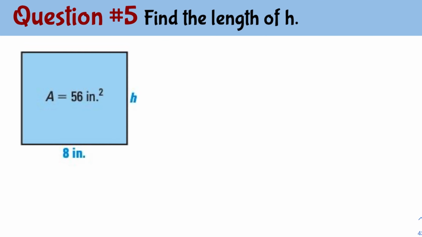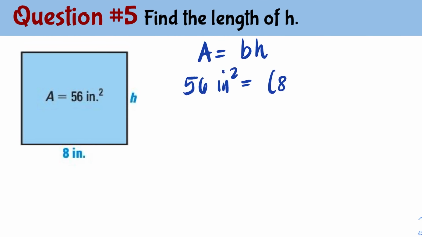Question number 5. Find the length of h given that the area is 56 inches squared and the base is 8 inches. So using the formula area is equal to base times height, we can substitute the area, which is 56 inches squared. The base is 8 inches and the height is missing.